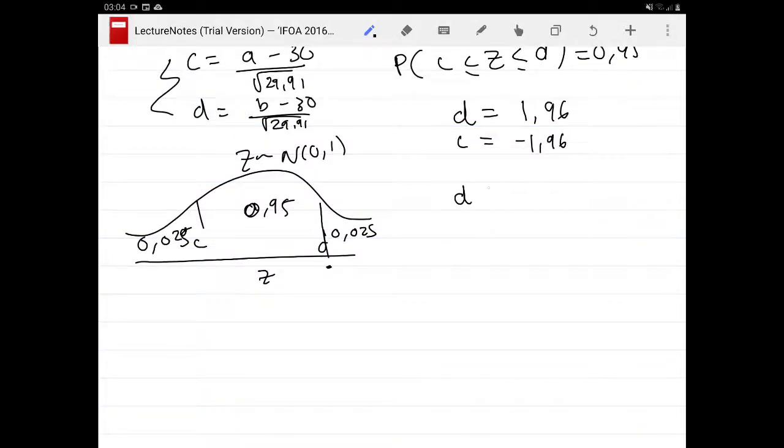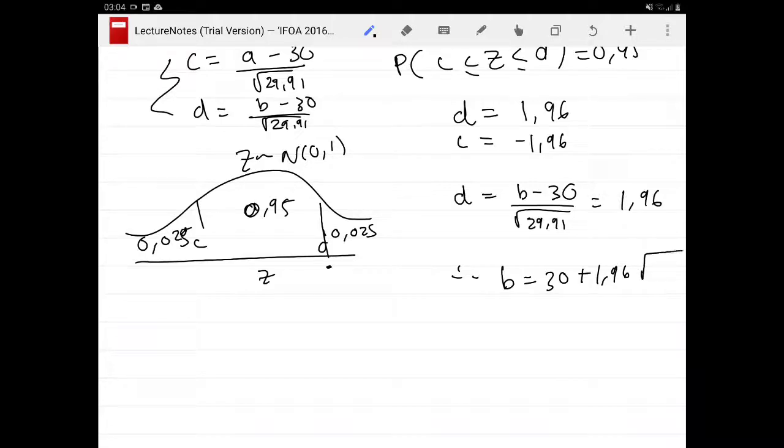So D is equal to B minus 30 over square root of 29.91, and that's equal to 1.96. That means B is equal to 30 plus 1.96 times the square root of 29.91, and when you do this in a calculator or on your computer, you get 40.72.